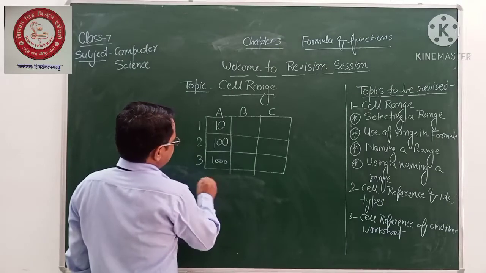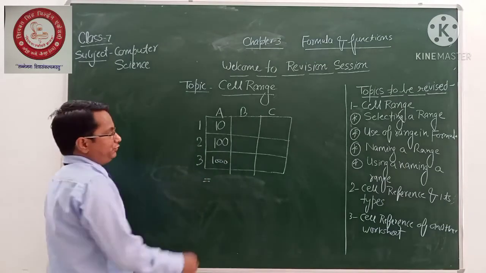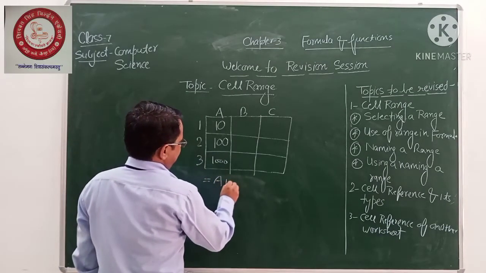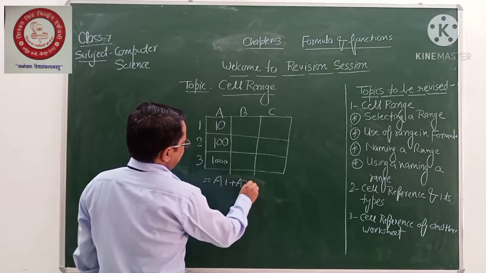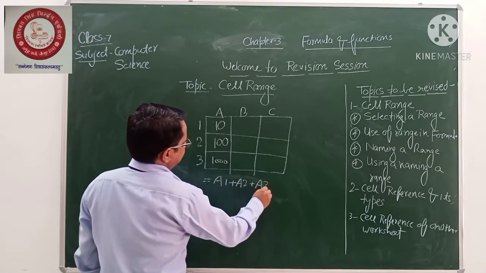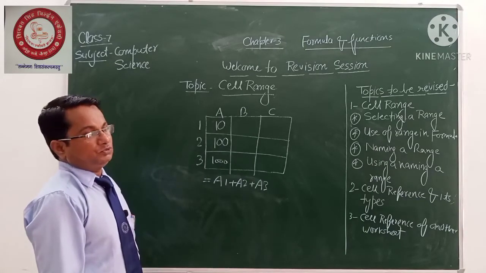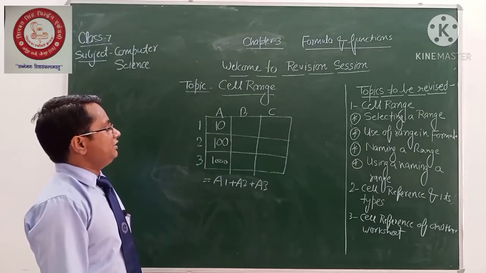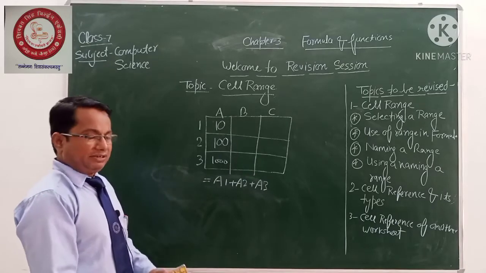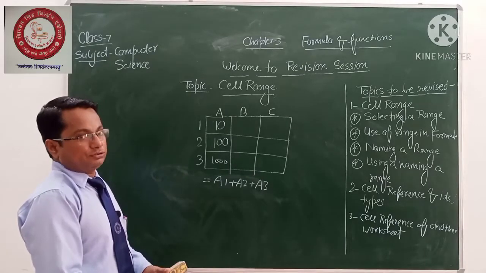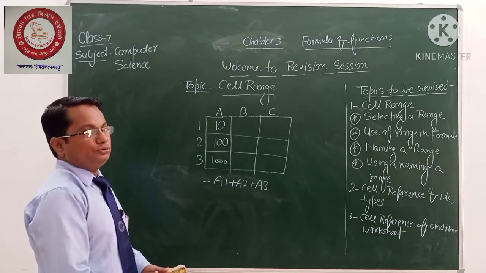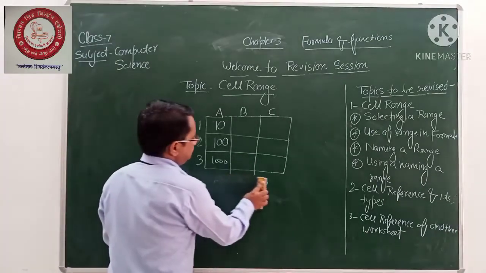First method: you write equal to A1 plus A2 plus A3. This is a basic formula, and by using it you are able to add, but right now we have to use the functions also.